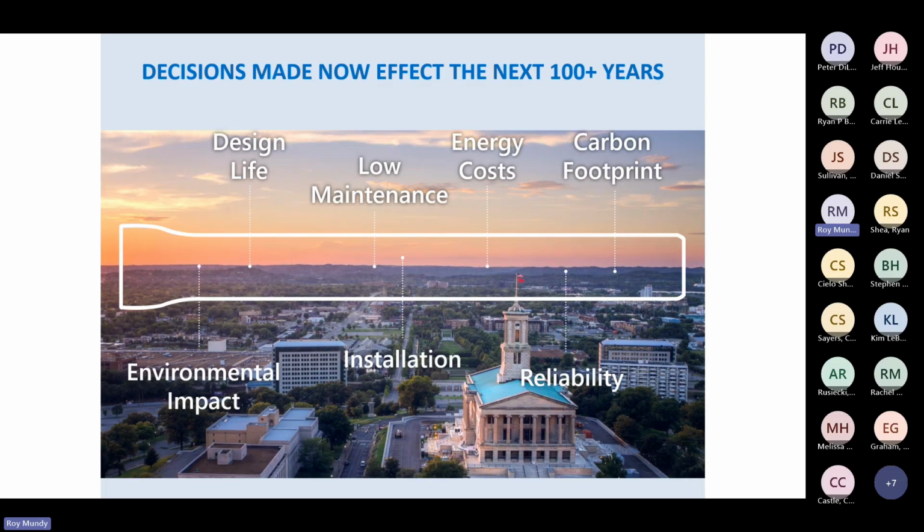And again, usually it's a comparison of ductile iron and PVC, and whatever comes in cheapest, that's what we're going to put in the ground. And with that type of mindset, quite honestly, many of these components you see on the screen are not taken into account.